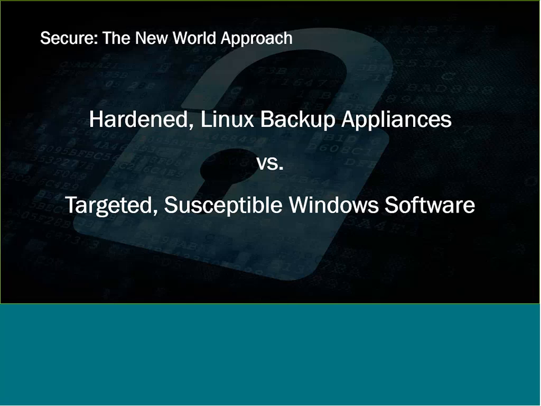Unitrends delivers hardened Linux backup appliances, whether they're physical or virtual appliances. You can use either one. And I talk about Unitrends here because we've absolutely validated and seen this be a very real issue for incumbent solutions. We've replaced several solutions because customers were hit by ransomware.